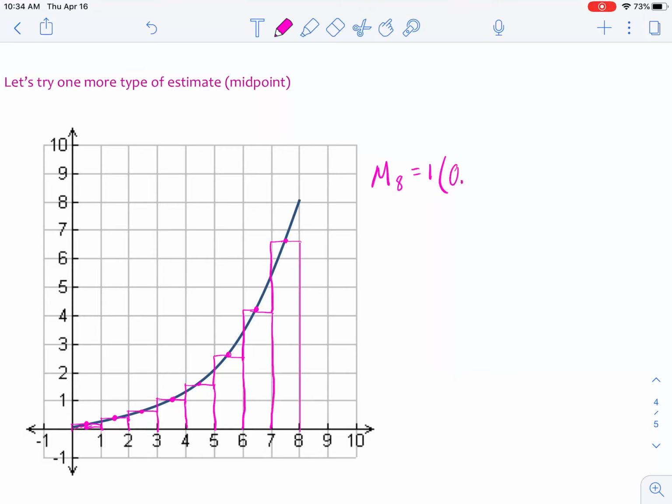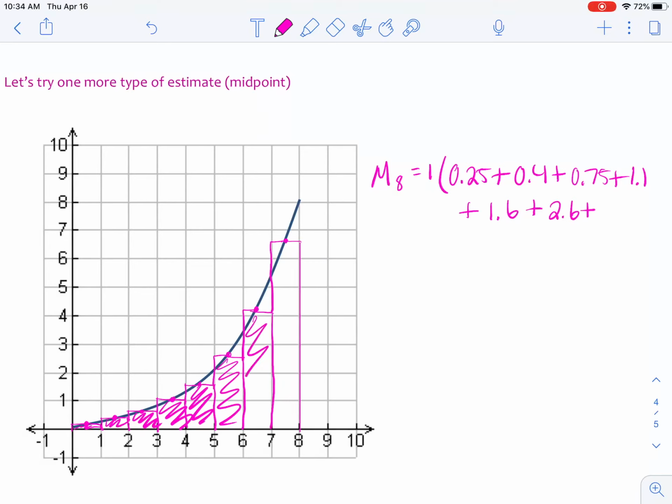So this first little tiny rectangle over here has a height of about 0.25. The second rectangle has a height of about 0.4. Third rectangle has a height of about 0.75. Fourth rectangle, about 1.1 is the height. Fifth rectangle has about 1.6 height.